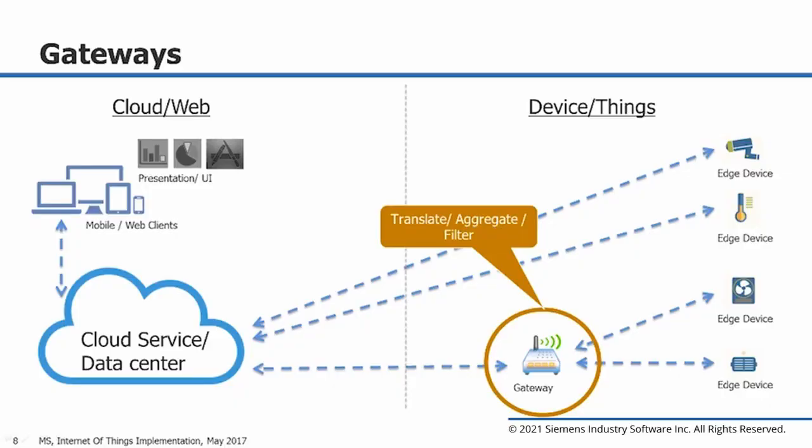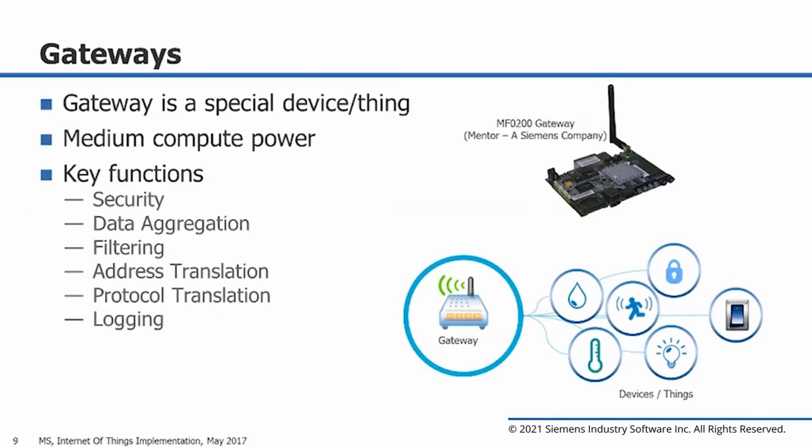Let's now talk about gateways. In a way, gateways are a special type of the devices that we just discussed. So all the device features and functions apply to gateways. These devices typically have medium to high compute power.